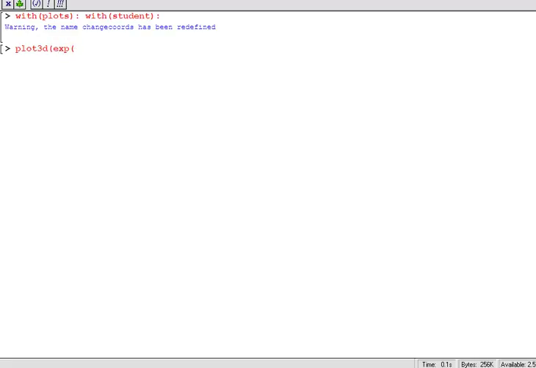E to the negative x squared times cosine of x squared plus y squared. And I'm going to plot the other one, which is 2 minus x squared minus y squared.